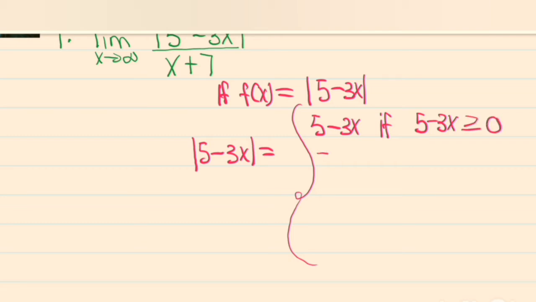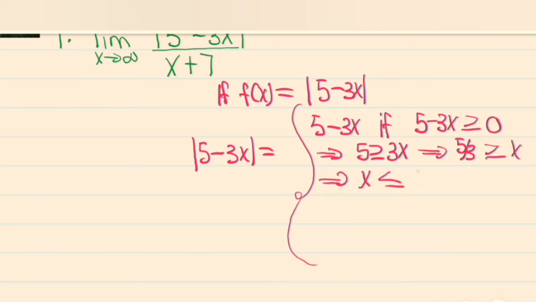This implies that 5 is greater than or equal to 3x, which implies that 5 over 3 is greater than or equal to x, and this implies that x is less than or equal to 5 over 3.